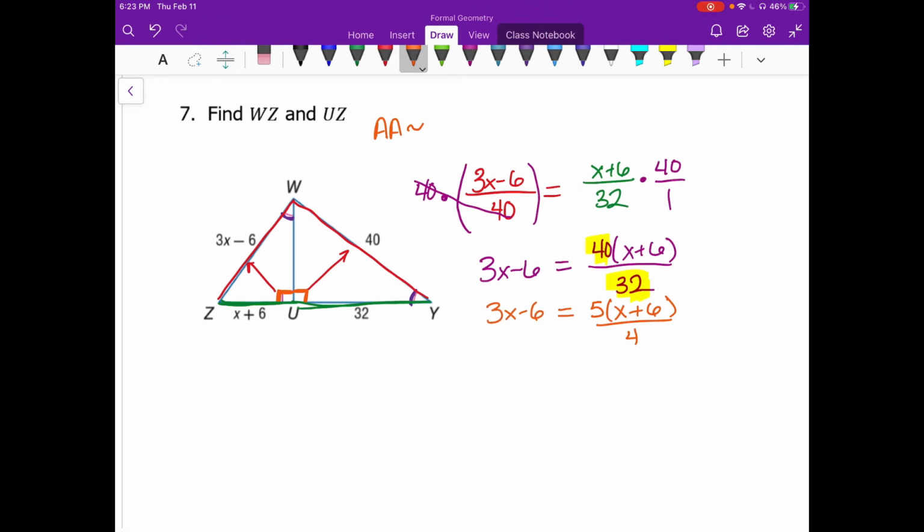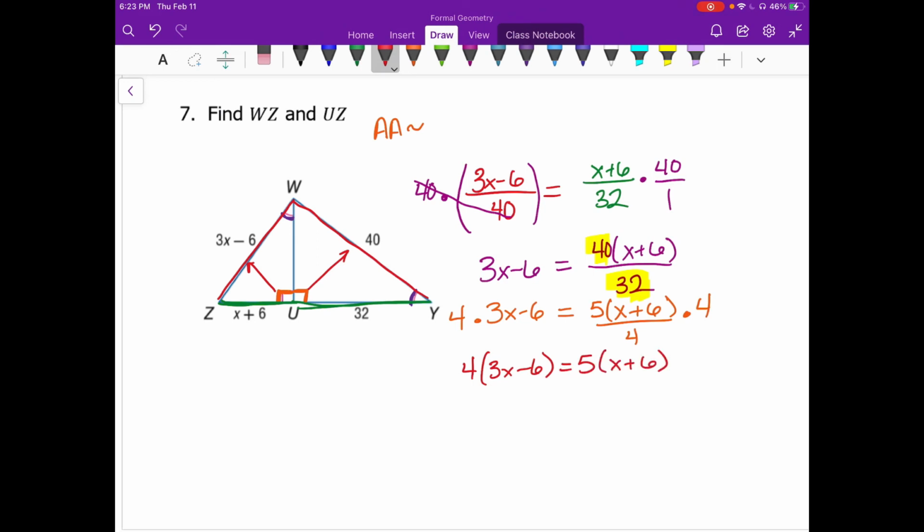3x minus 6 is by itself on the left side still. Now, instead of multiplying by 32 on both sides, which I could have done, it just would have been a little bit of extra work, I'm going to multiply by 4 now because I reduced that. So if I multiply by 4 on both sides, I end up with 4 times 3x minus 6 equals 5 times x plus 6.